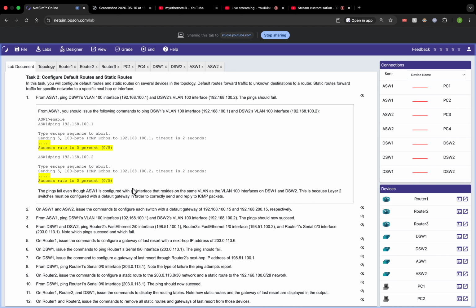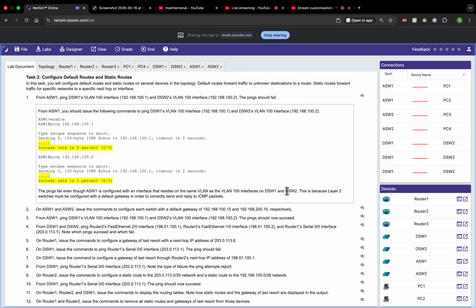There are so many devices, I was getting confused. From ASW1, we're pinging DSW1's VLAN 100 interface, and from ASW1 also pinging DSW2's VLAN 100 interface.